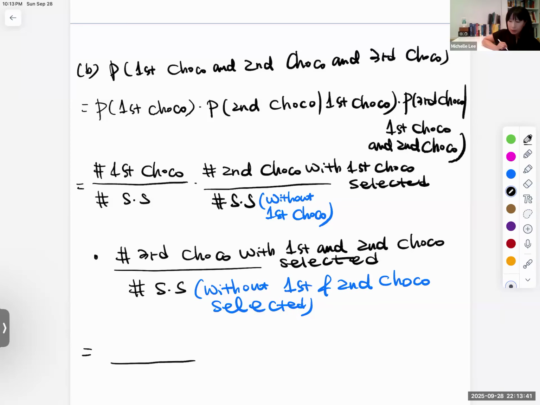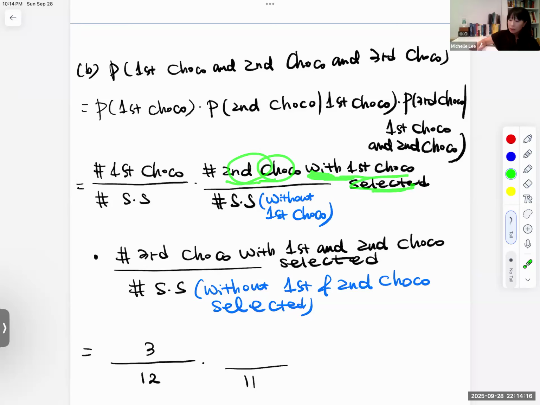How many sample space? 12, good, 12. And then the number of chocolate. We picked the first chocolate. How many are there? 3, okay, good. And times, how many sample space without the first chocolate picked? 11, good. And then how many chocolate for the second chocolate with the first chocolate selected?